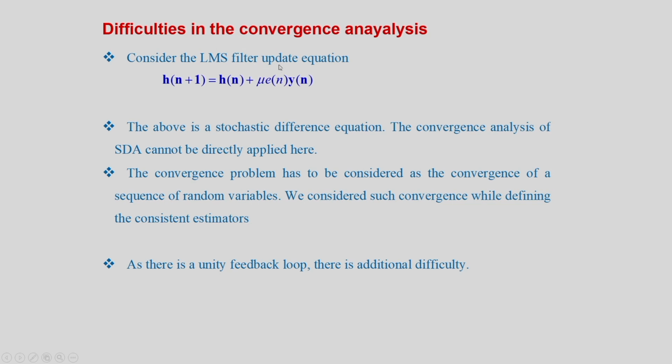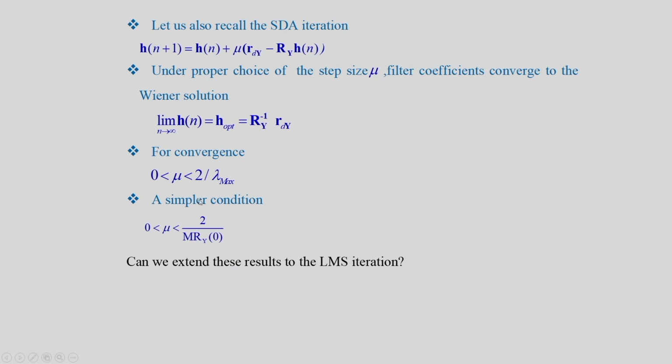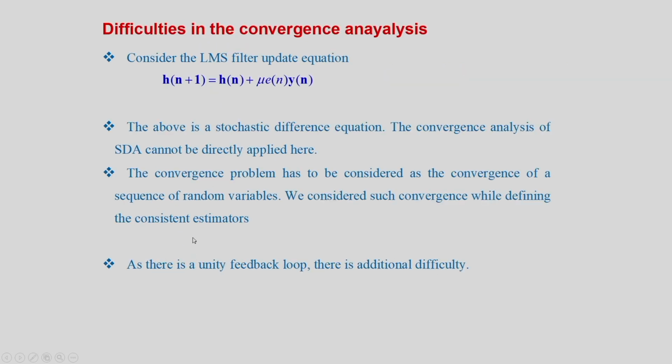Consider the LMS filter update equation h(n+1) is equal to h(n) plus mu times e(n) into y(n). As it is a stochastic difference equation, the convergence analysis of SDA cannot be directly applied.